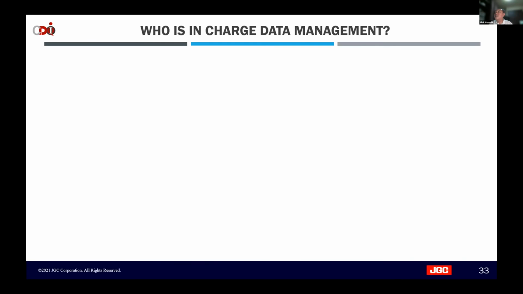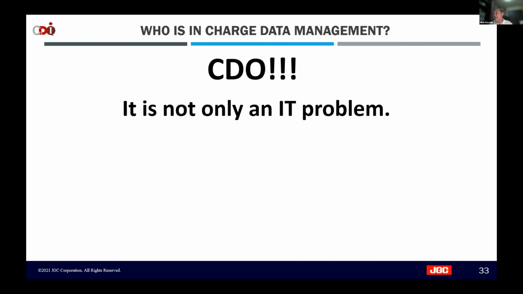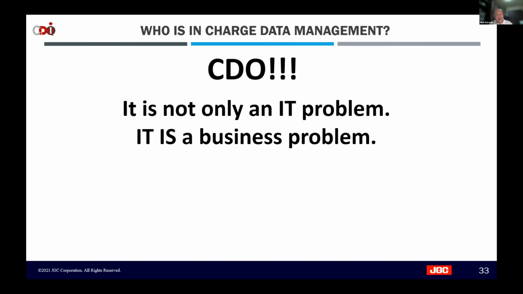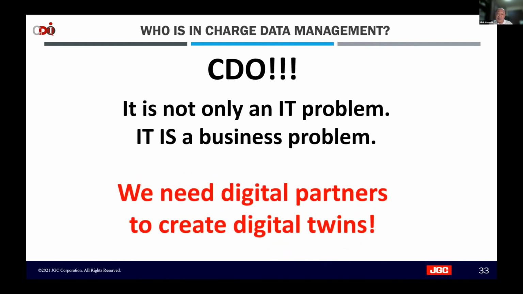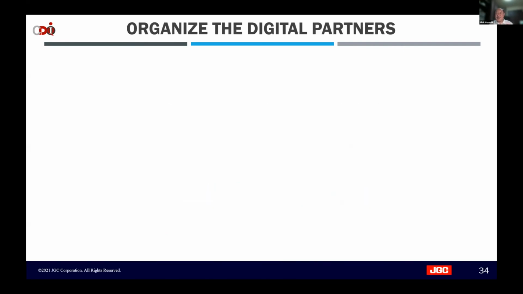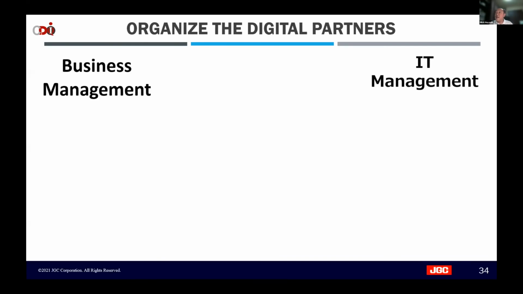Who is in charge of data management then? It is the CDO, Chief Data Officer. It's not only an IT problem, it's a business problem. And we need digital partners to create digital twins. So what are those partners? This slide is not included in your handout. We have business management and IT management.